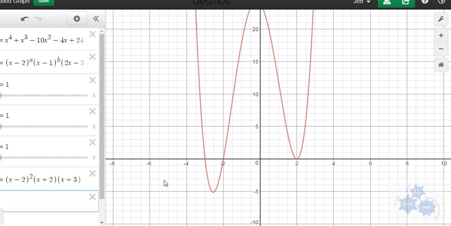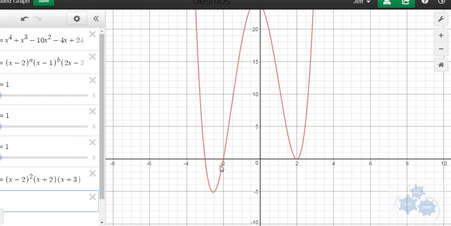So the x values where the graph is positive, you would refer to the x values that make the graph positive. So this function is positive when x is less than negative 3, where x is between negative 2 and 2, and where x is greater than 2. So that's where the graph is positive.